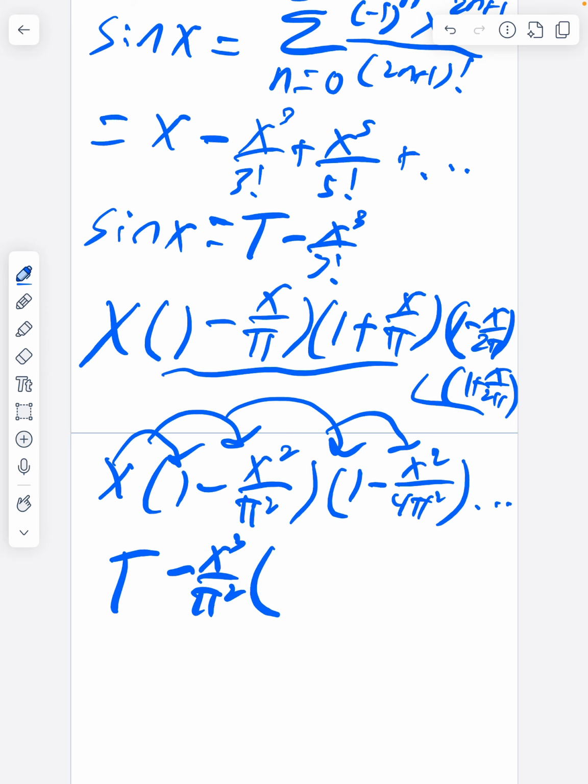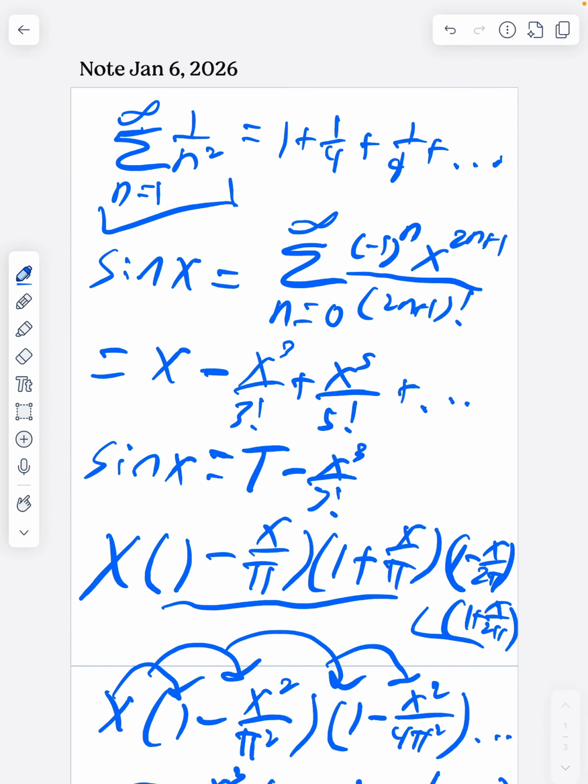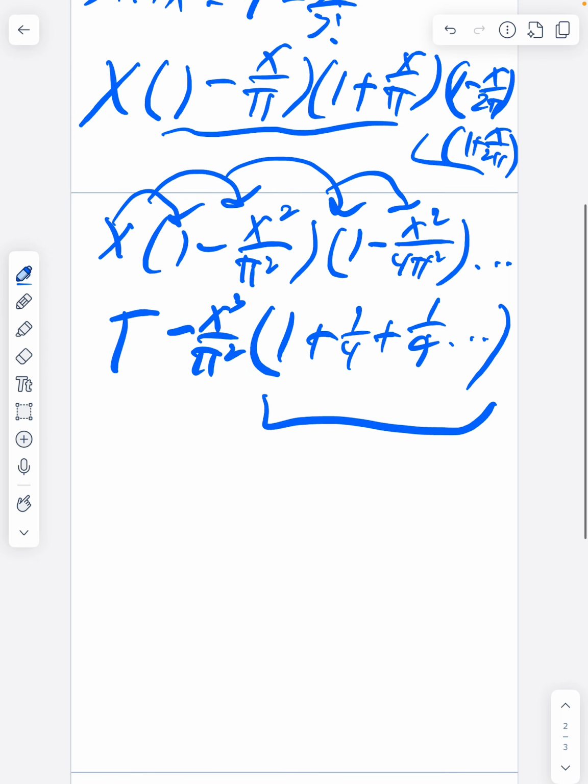Then what we're left with is just 1 plus 1/4 plus 1/9, and so on. It actually keeps going. And notice that this is the same thing as this. So we can actually replace that with that.